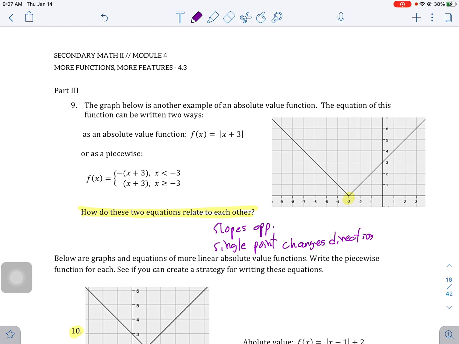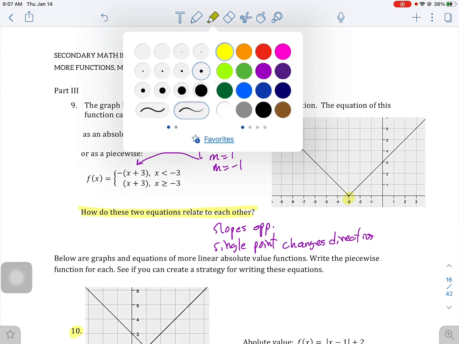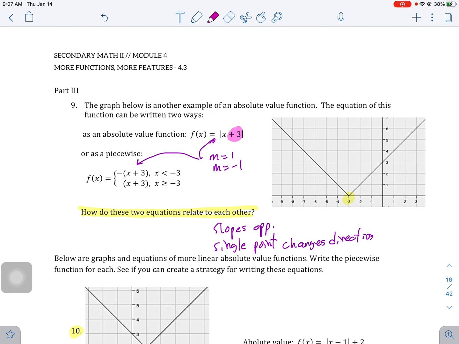Some other things to notice is that you have a slope of 1 or negative 1 for both of these. You have a horizontal shift of x minus h, so it would be x minus negative 3.